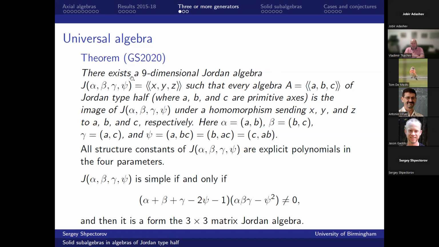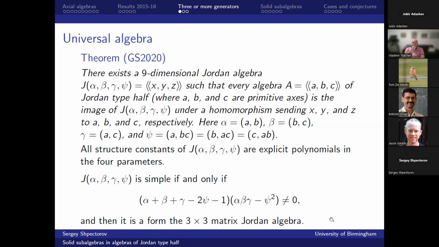I mean, it can be defined over the ring of polynomials in alpha, beta, gamma, delta, and it would be slightly more difficult to explain this homomorphism. But I think it's clear that we have an object which is universal and it describes all possible algebras. Typically, if you take alpha, beta, gamma, psi arbitrarily, generically, then the algebra is actually a simple algebra.